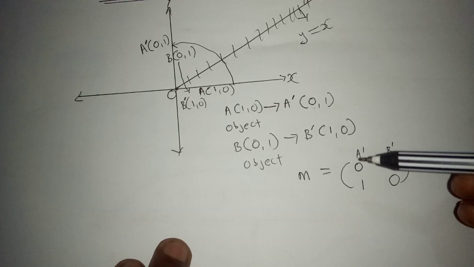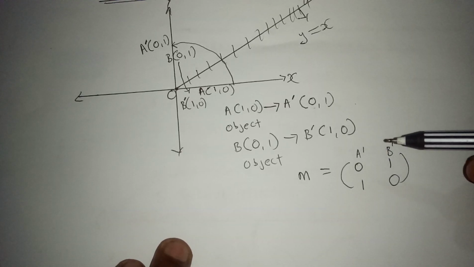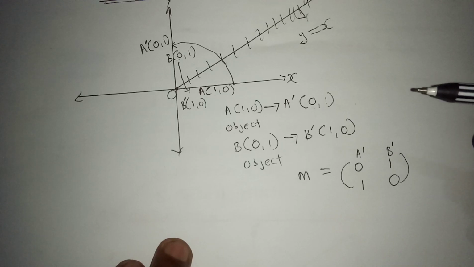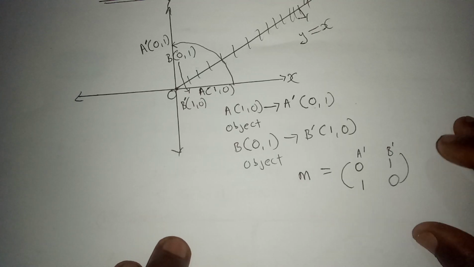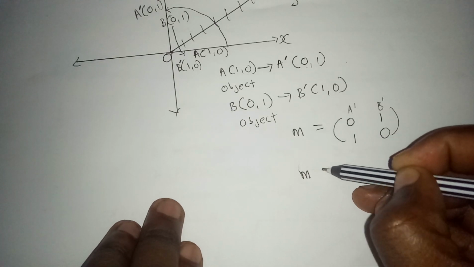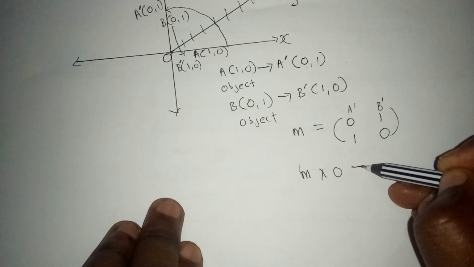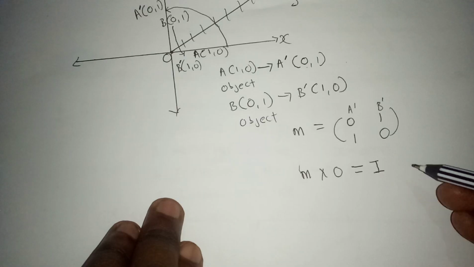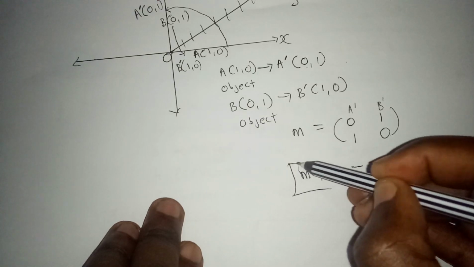Now this matrix is very important because it will help us to find the image, provided we know the object. When you have the matrix and you multiply it with the object, you always get the image. You have to know this by heart.